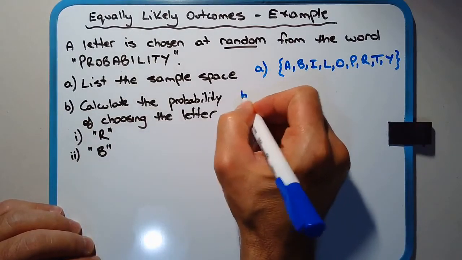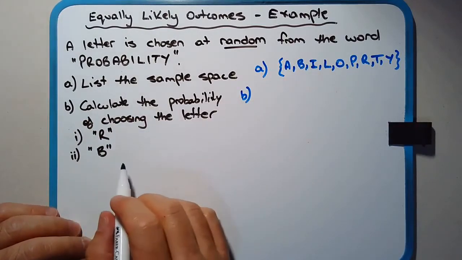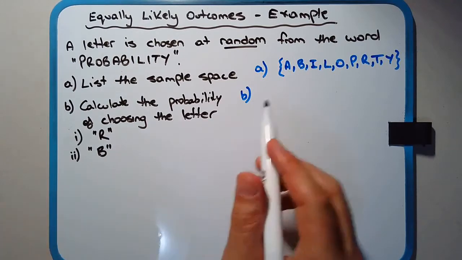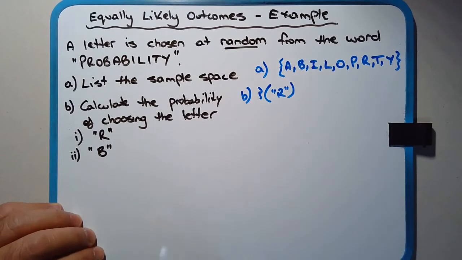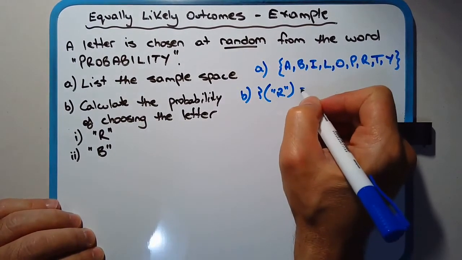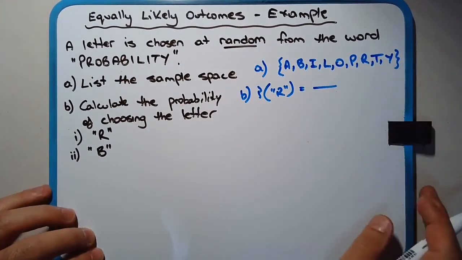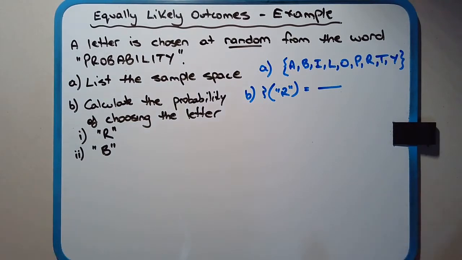So let's have a look at part B. Calculate the probability of choosing the letter R. Now, the probability of choosing the letter R is equal to, and this is why with probability, I would highly advise that fractions are the preferred way of expressing a probability.